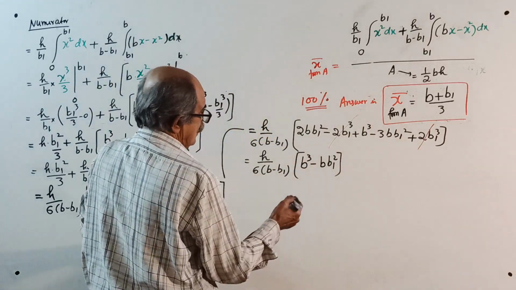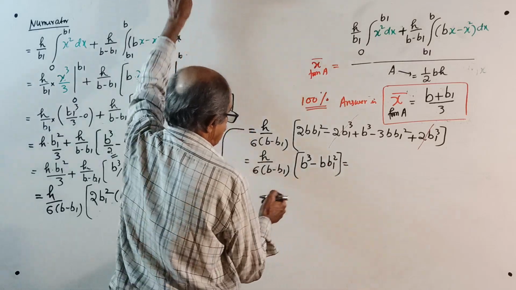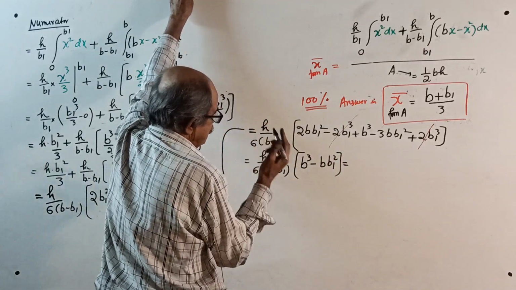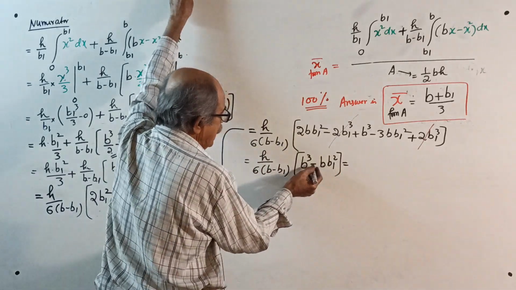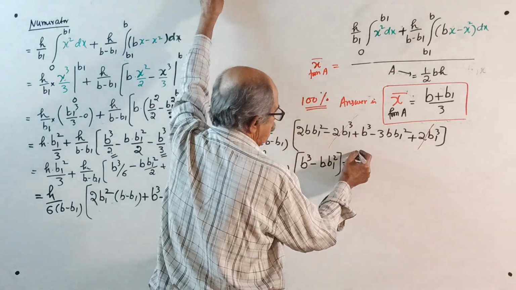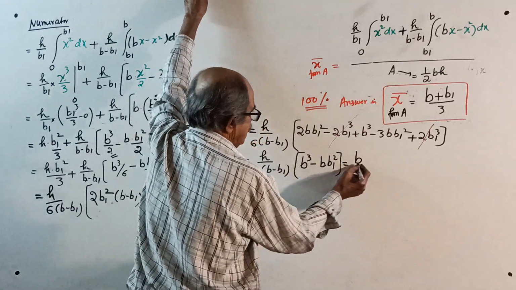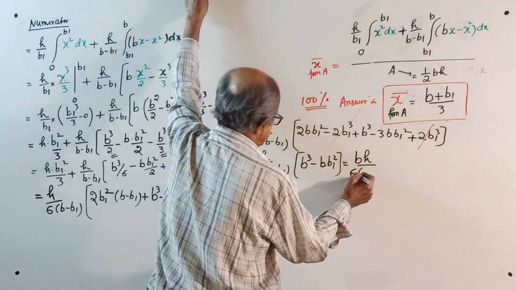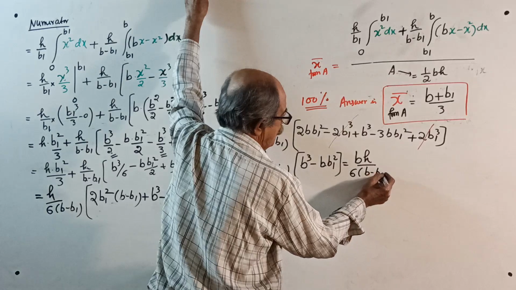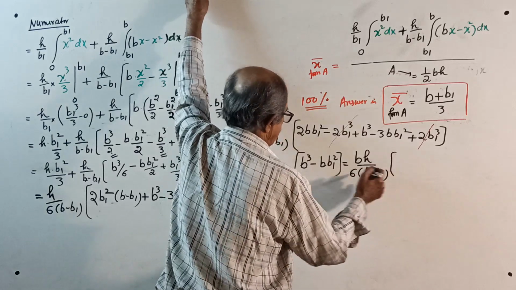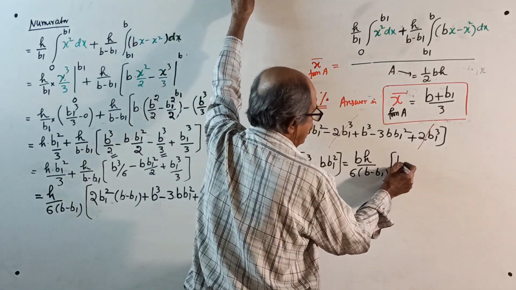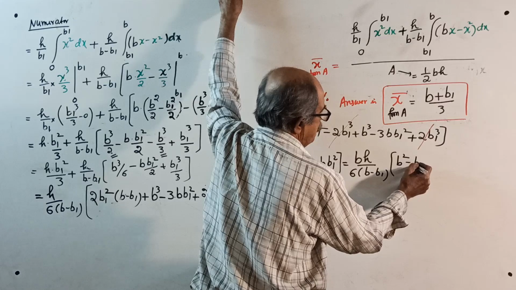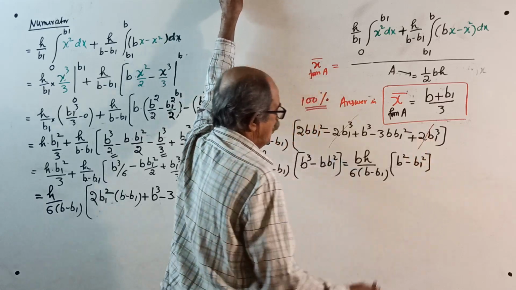Okay, over. Or equal to, anything cancels here? I can take b outside now, see, or equal to b h divided by 6 into b minus b1 into b square minus b1 square. Yes, we got the answer.